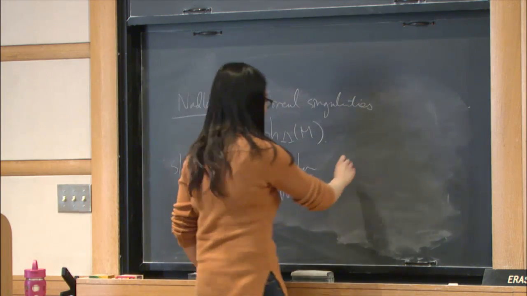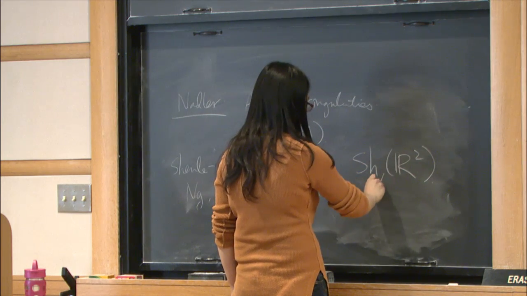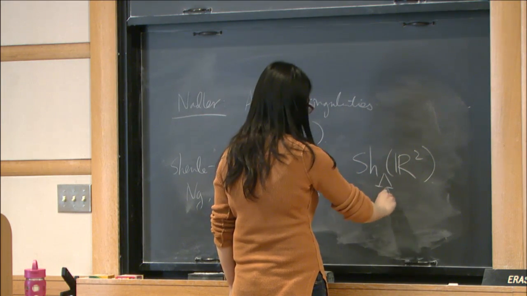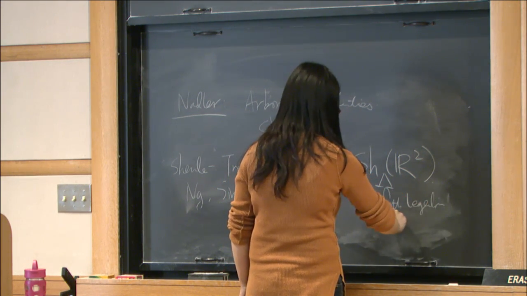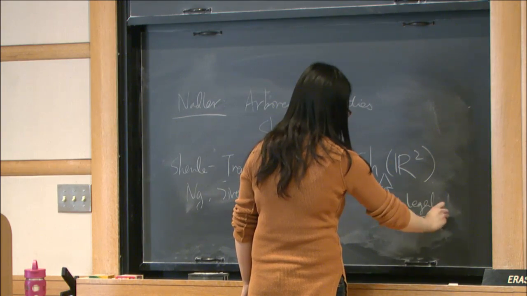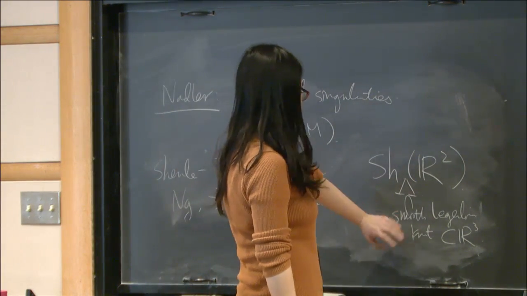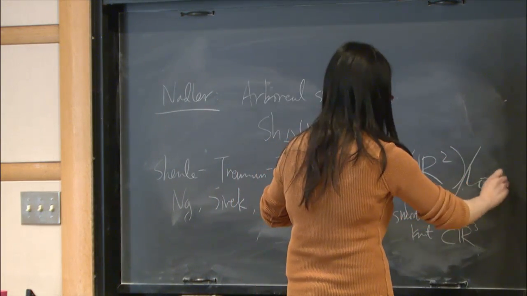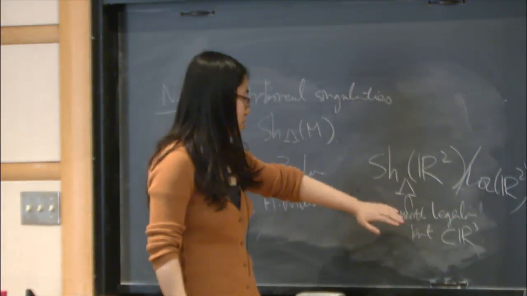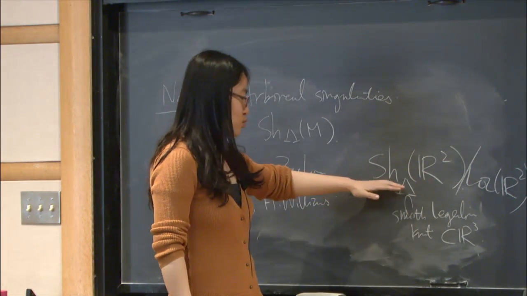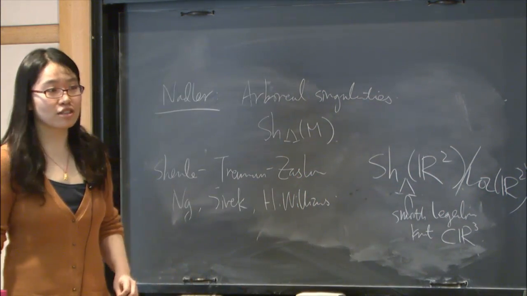They studied sheaves on R2 with singular support in a smooth Legendrian knot, a smooth knot inside R3 with the standard contact structure. They view this as a quotient by local systems, and as an invariant of the Legendrian, and they connected this to Lagrangian fillings of the Legendrian and also to augmentations of Legendrian contact homology.